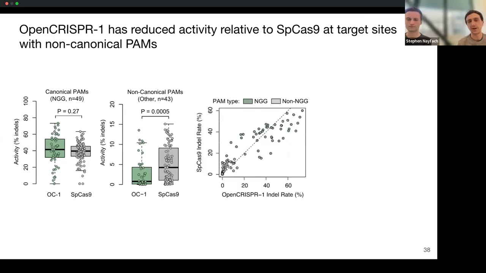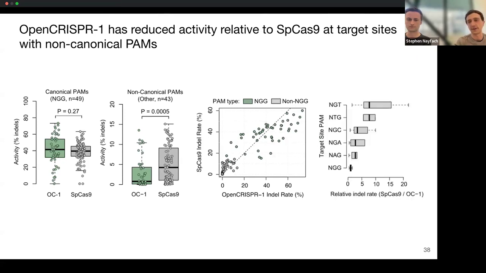Again, that's just shown in a different way in this scatter plot, where we have OpenCRISPR-1's indel rate on the x-axis and SpCas9's indel rate on the y-axis. The green points represent the activity level at the canonical PAMs, and the gray points are the activity level at these non-canonical PAMs.